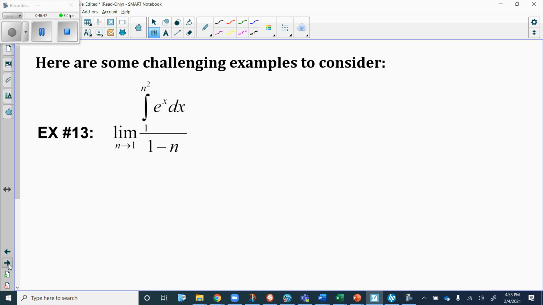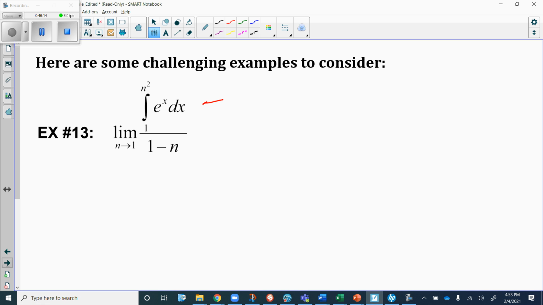But what is L'Hopital's rule asking me to do? We're going to be taking derivatives of things. Well, what is an integral really? It is an antiderivative. So according to what an integral is and what L'Hopital's rule is, I'm going to take the derivative of an antiderivative. That's what we're seeing in the numerator here.